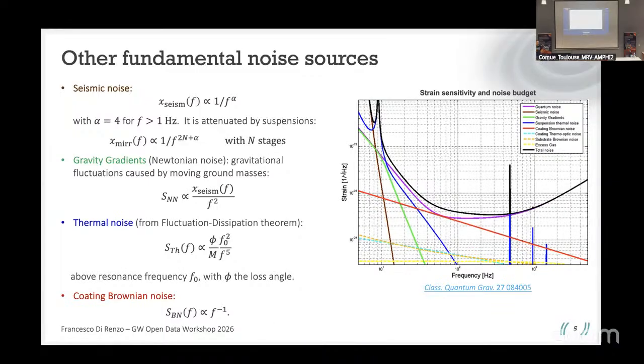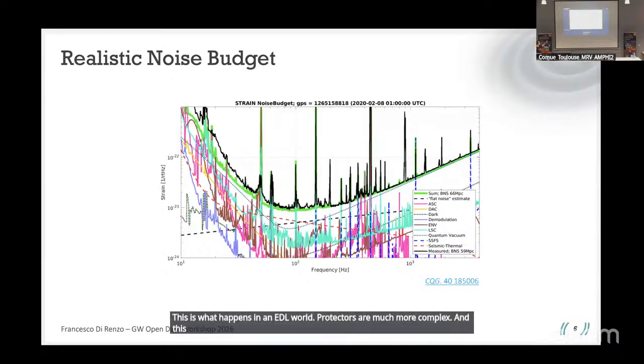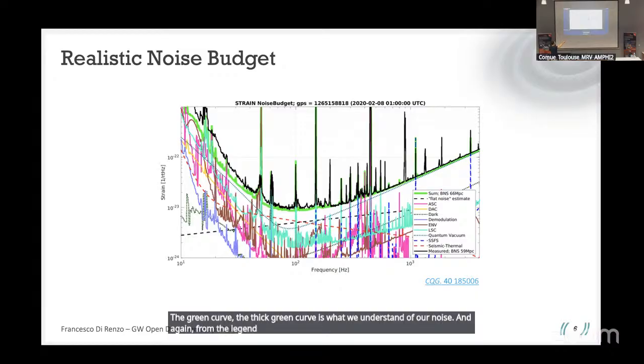This is what happens in an ideal world. Our detectors are much more complex, and this beast here is an actual noise budget, where the black curve is what we measure. If you squeeze your eyes, you can see that it measures a BNS range of 59 megaparsecs. The thick green curve is what we understand of our noise, and again, from the legend, you see 66 megaparsecs.